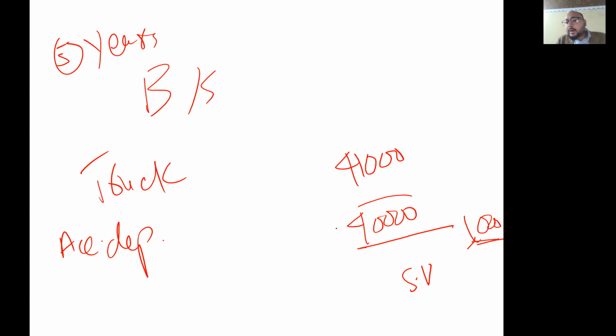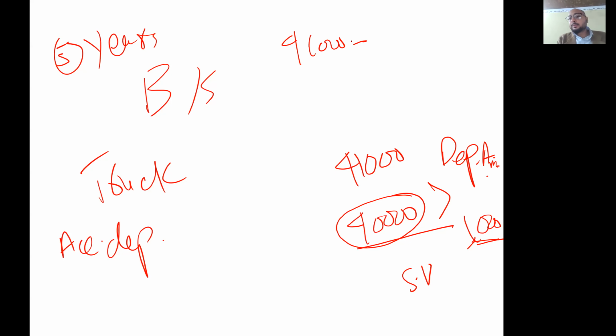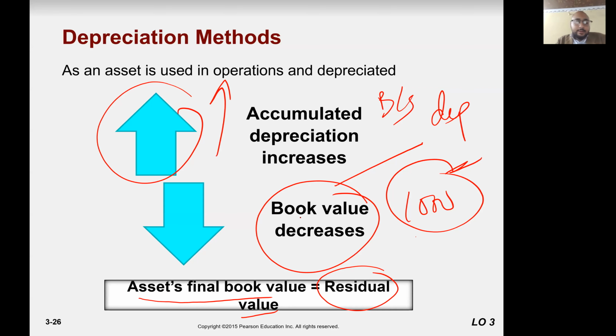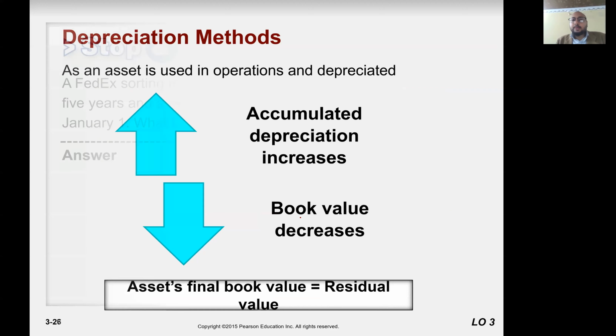And remember, accumulated depreciation cannot be greater than depreciable amount. Depreciable amount is equal to asset cost minus salvage value. Accumulated depreciation cannot be greater than 40,000. All right.